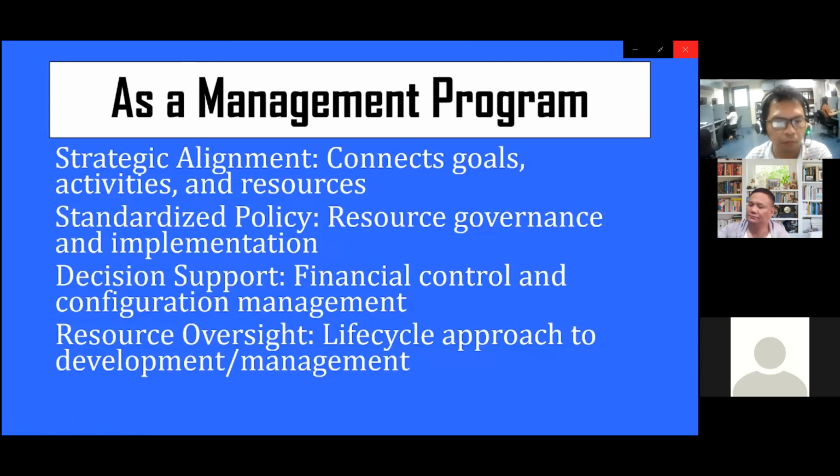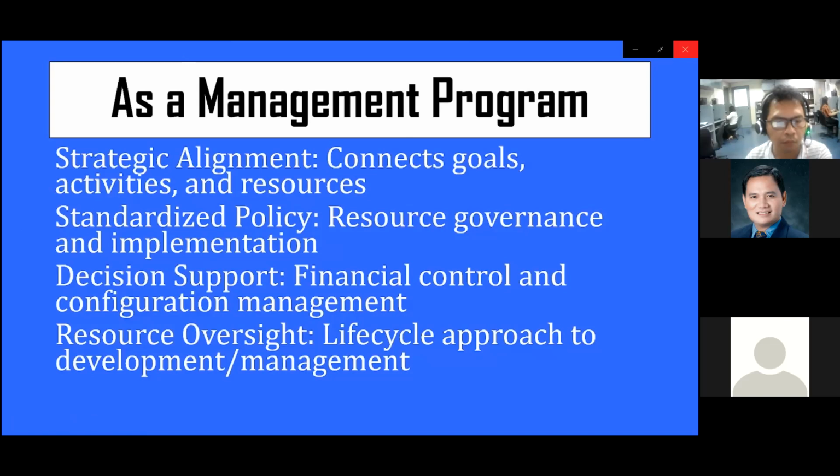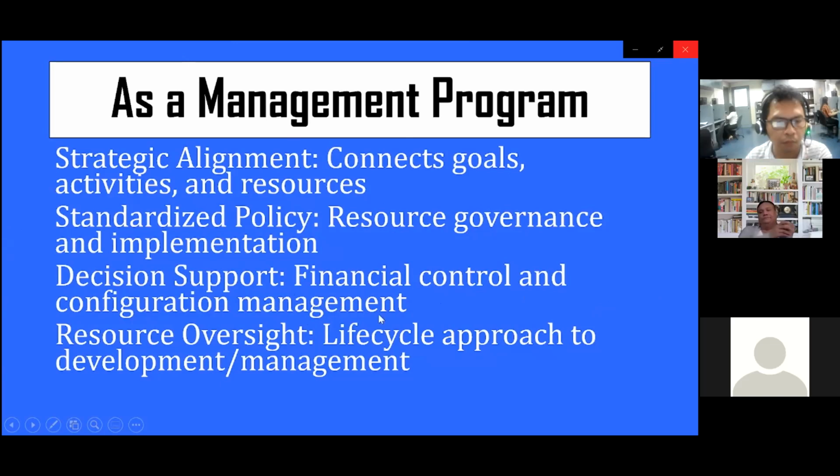When we look at EA as a management program, it can provide us with four things. First, strategic alignment. It connects goals, activities, and resources. Second, standardized policy. It provides us resource governance and implementation. It also provides us with decision support when it comes to financial control and configuration management.